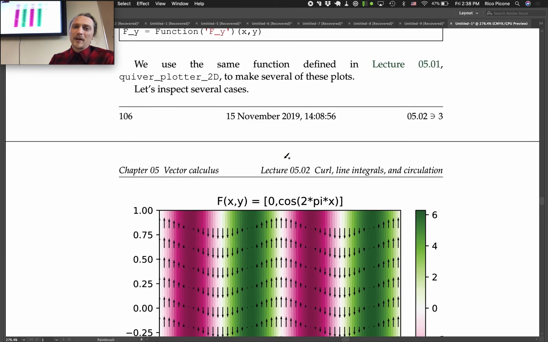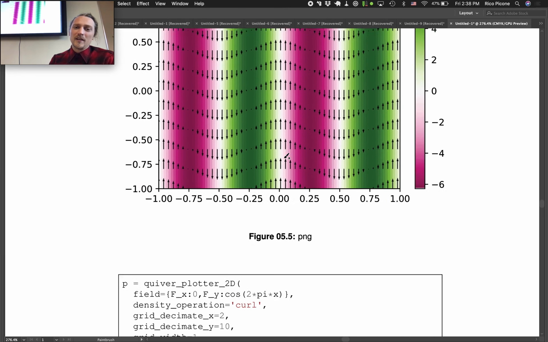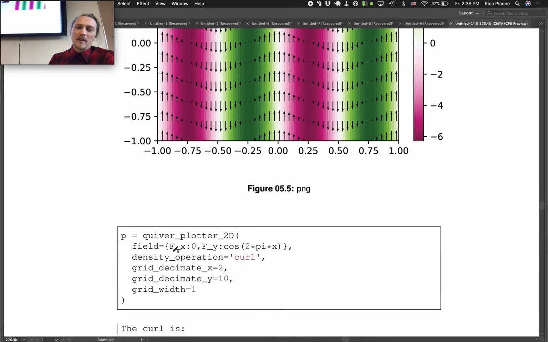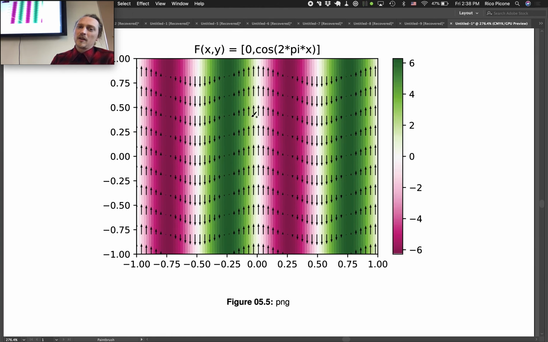So the first one I want to look at is actually if the x component of the field is 0 and the y component is cosine 2 pi x. So this is essentially a vector field that's shown here. If this is a fluid, there's never any x motion.